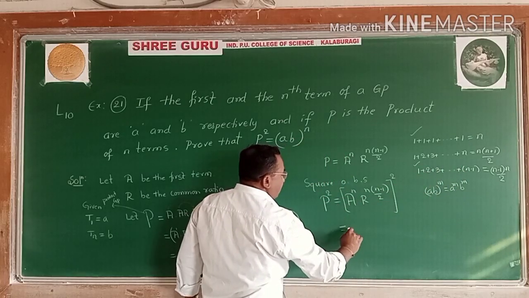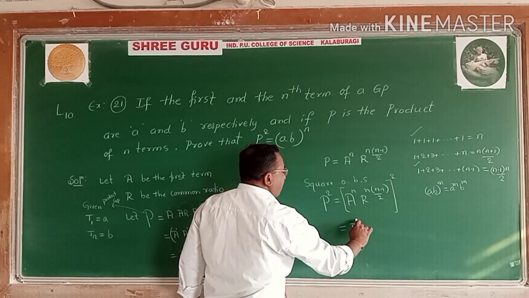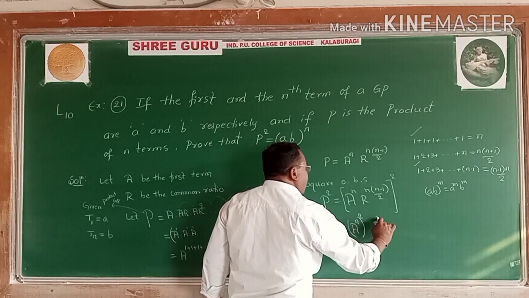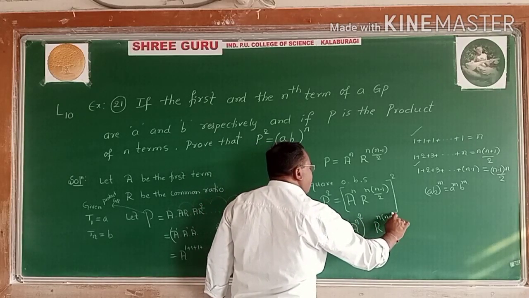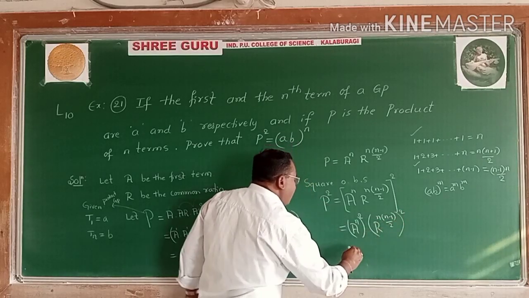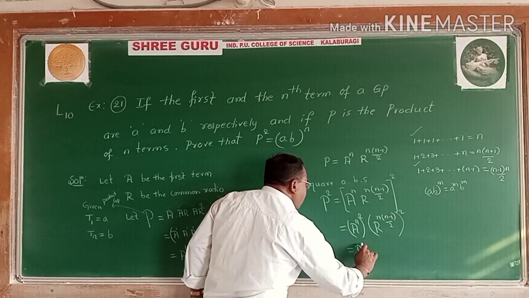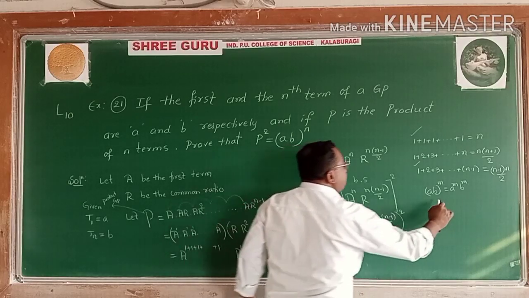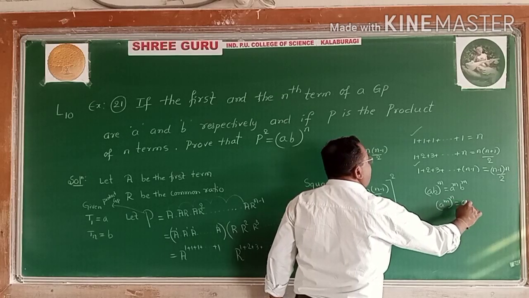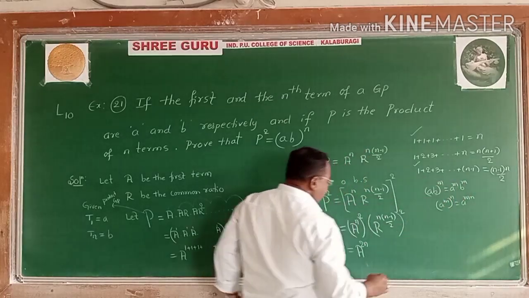That is equal to a power n whole power 2, r power n minus 1 divided by 2 whole square, which is a power 2n, because a power m whole power n is equal to a power mn.